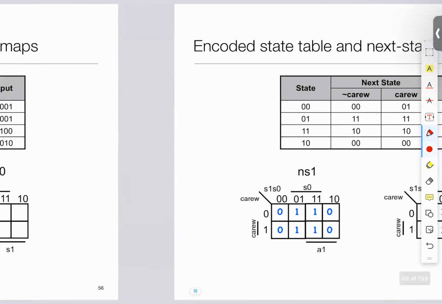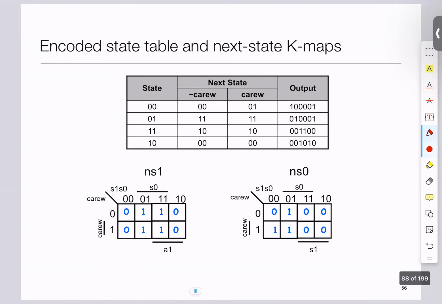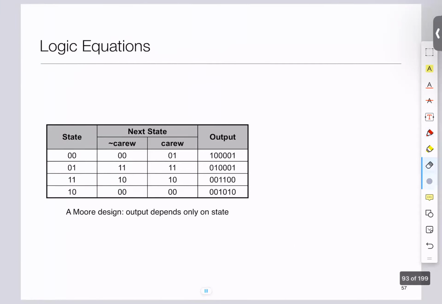I fill those out, take care of that, and do the usual game. That's the cluster there, and this is the cluster here. I write down the equations. NS1 is simply S0, and NS0 is S. You work it out. That's the equation. So I just apply my Karnaugh map type stuff to do it.